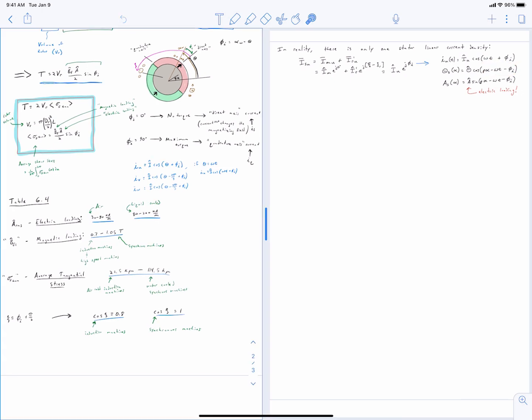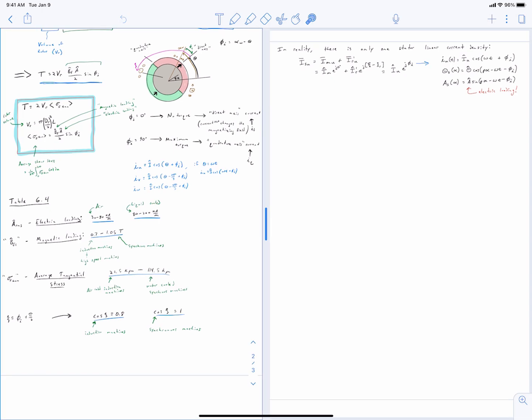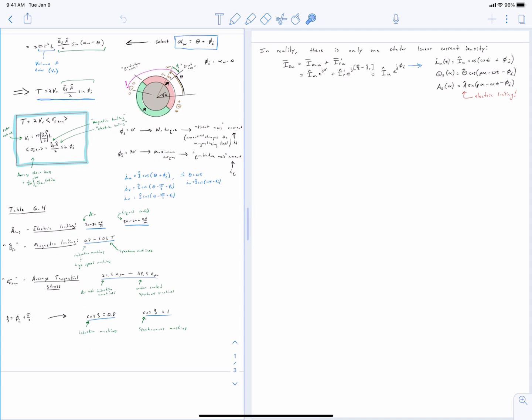So this phi I that we see in this diagram does correspond to the angle of our stator currents that results when we combine our magnetizing component with our reaction to the rotor. We're now going to draw this out to make it crystal clear, but I want to highlight that all this material is building off of what we already set up back when we covered the AC machine design sizing.